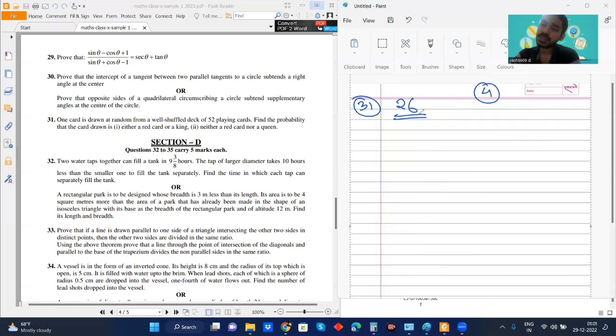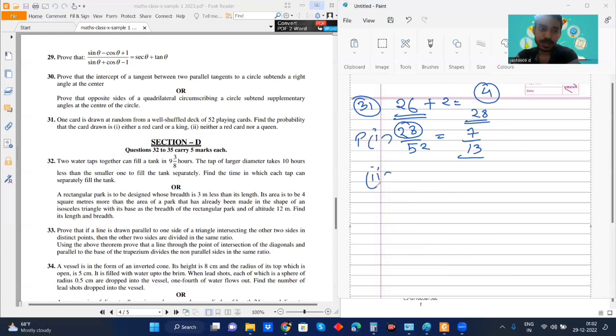And including the red cards, we have only 2 extra kings of black. So total cards are 28. And our total number of outcomes will be 52 cards. And favorable outcomes are 28, 26 red plus 2 black kings. So I will get 7 by 13 probability for the first part.